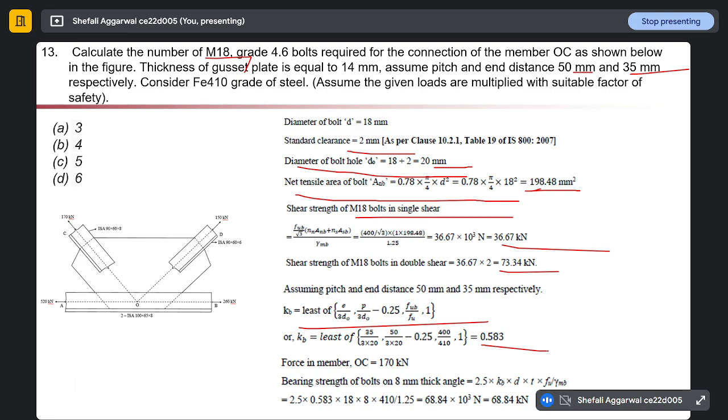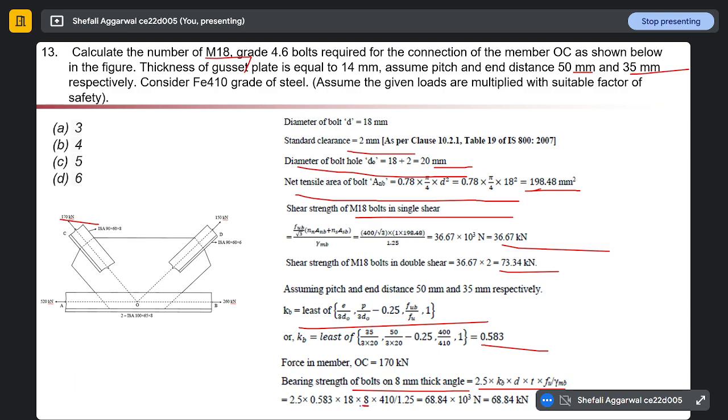Now, in member OC, our force is given as 170 kilonewton. The bearing strength of bolts on the 8 mm thick angle will be given as 2.5 into k_b into d into t into f_u upon gamma_mb. So using the equation, k_b we have calculated as 0.583, diameter 18 mm, and the thickness of the plate we have to consider here is 8 mm.